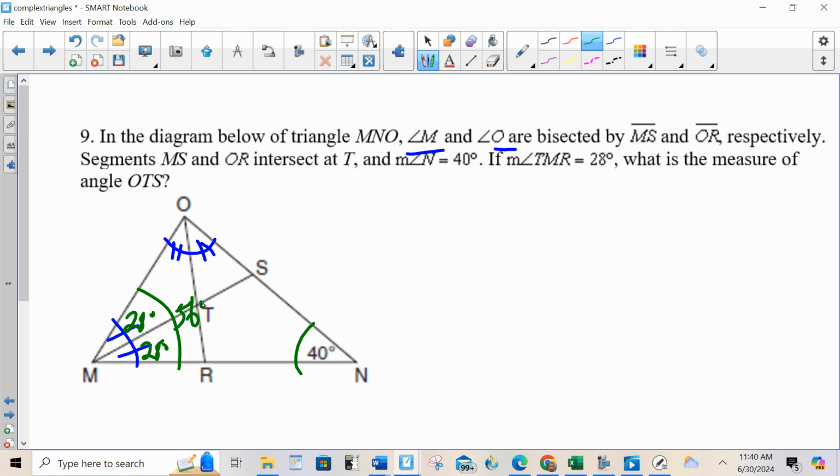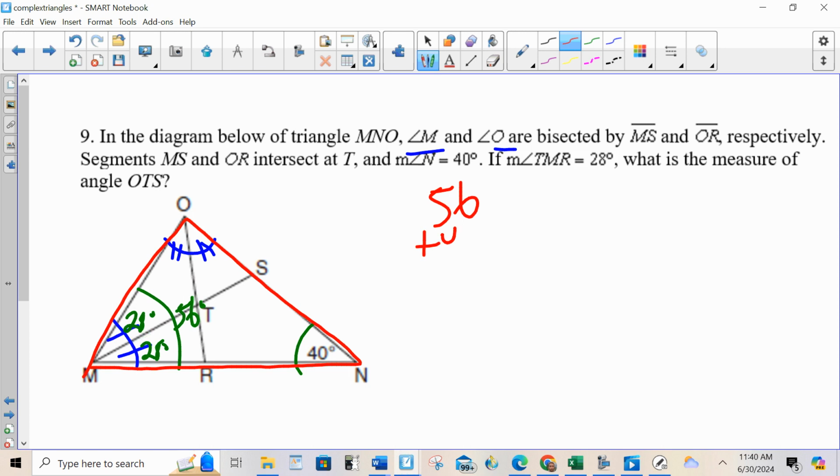I'm looking for angles of a triangle. I'm looking for linear pairs. I see a triangle where I have, in fact, I see two triangles where I have two angles and I can find the third. I'm going to go with this one. And again, you have to just look for them.